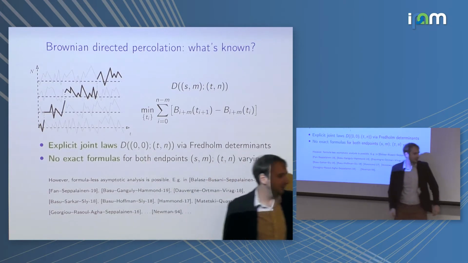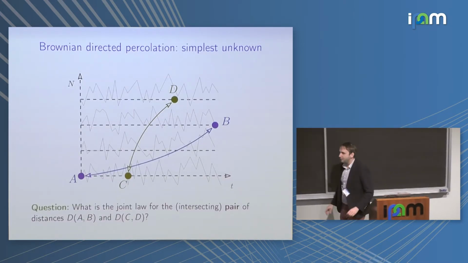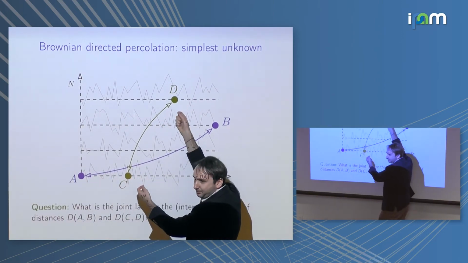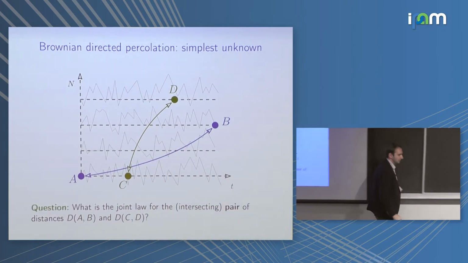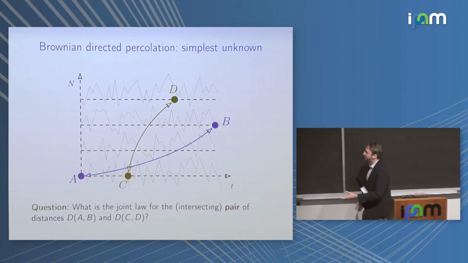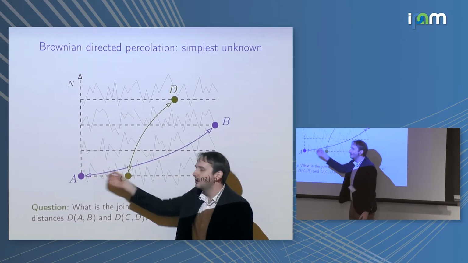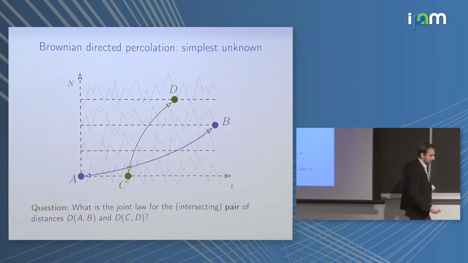It's not like on the very next picture when you now have one pair of points and you have another pair of points. That's a different situation because now that's a more complicated joint distribution. So that's the simplest question that you can ask. What is the joint distribution of these random distances when all the points are different? So something like that picture.